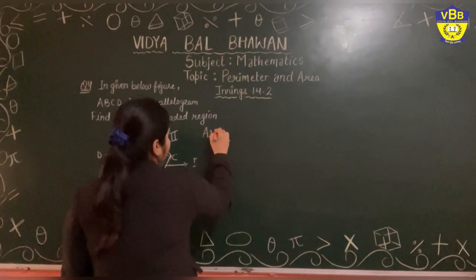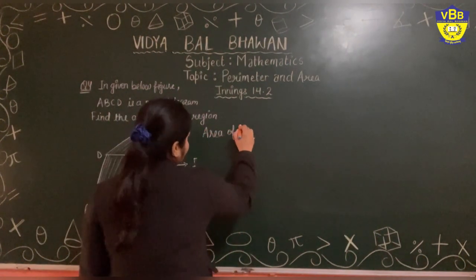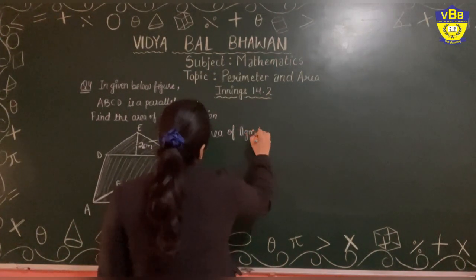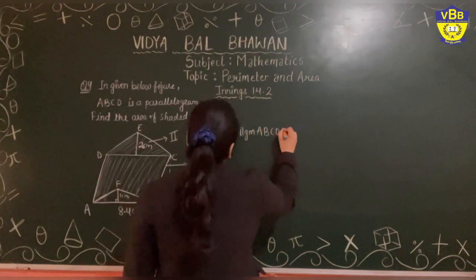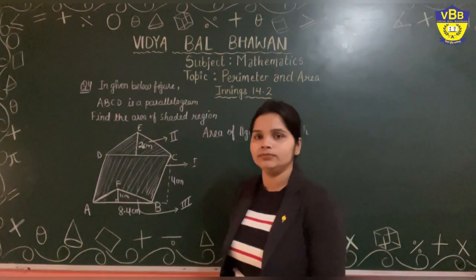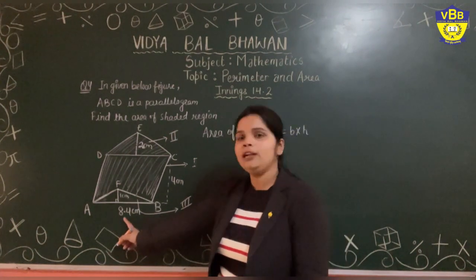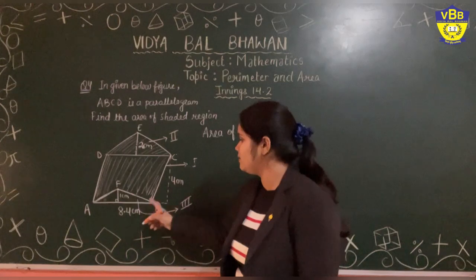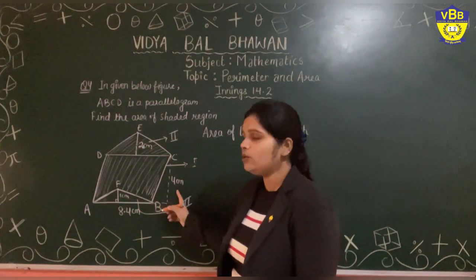Area of parallelogram ABCD will be base into height. Fine. What is the base of this parallelogram? Base is 8.4 centimeter. What is the height of this parallelogram? Here it is given corresponding height, that is 4 centimeter.